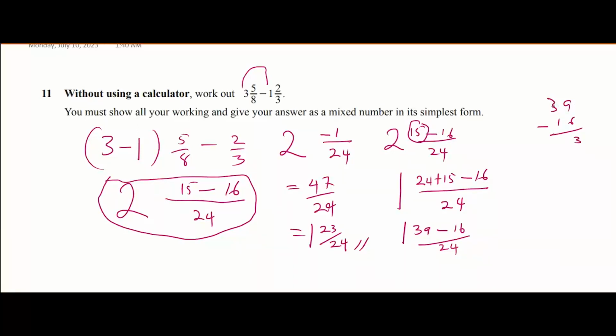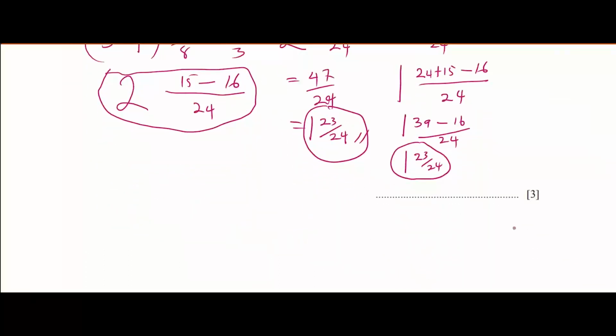Then 3 take away 1, that will be 2. So that means we're going to have 1 whole, 23 out of 24. You can see that we still have the same answer as what we got here. So that is how to deal with questions like that. So our final answer is 1 whole, 23 out of 24.